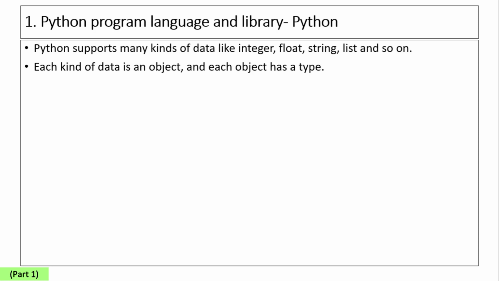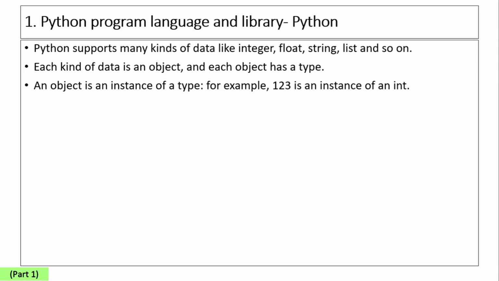Each kind of data is an object, and each object has a type, an internal data representation, and a set of procedures for interaction with the object. An object is an instance of a type. For example, 123 is an instance of an integer. Management enclosed by quote or double quote is an instance of string.